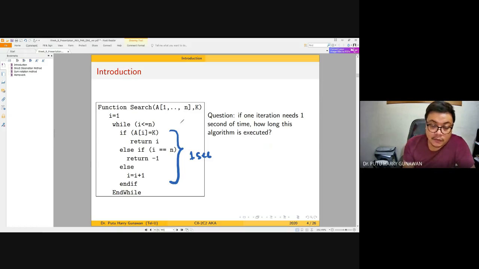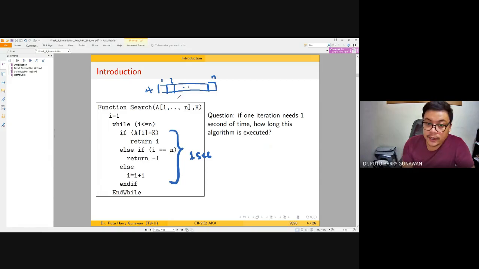Of course, it depends on how many loops will be executed, and how many loops are executed also depends on the position of k, right? Imagine that you have the array a with indexes 1, 2, and so on until n.